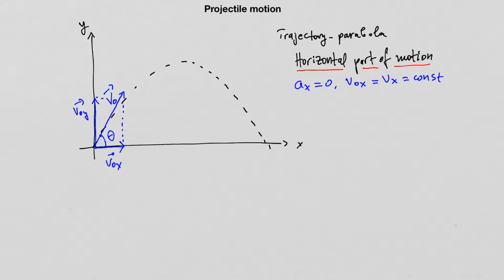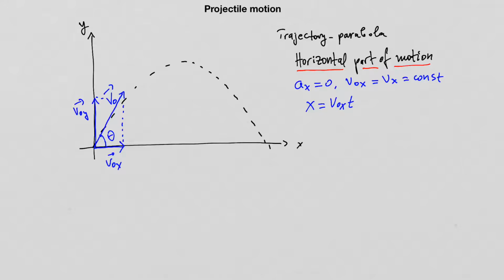Which then means that the horizontal displacement x is simply calculated as v0x times t. And that's it. There is no acceleration term in this calculation because the x acceleration is 0. This is extremely important to remember for projectile motion. In horizontal direction, there is no acceleration. The velocity is always constant.